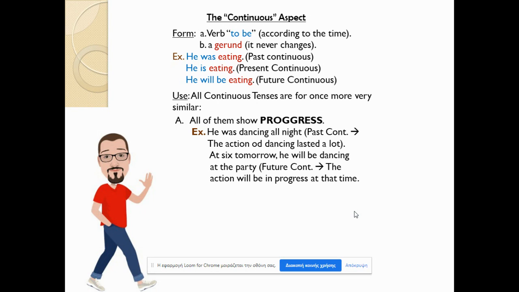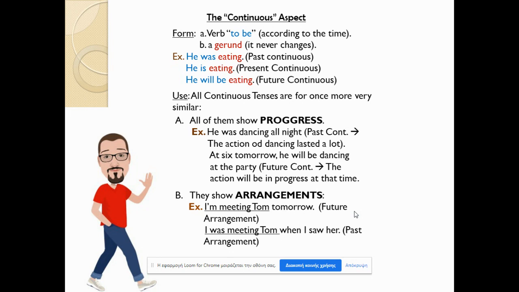The same goes with past continuous. If I say, I don't know, my mom was cleaning the house for some time, the action of cleaning in the past was in progress because it took mom some time to finish what she had to do.